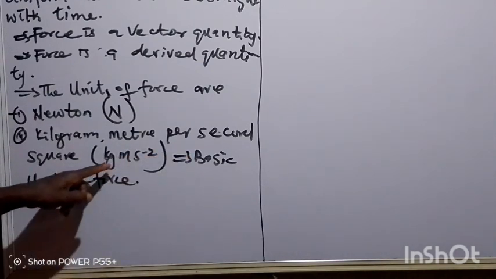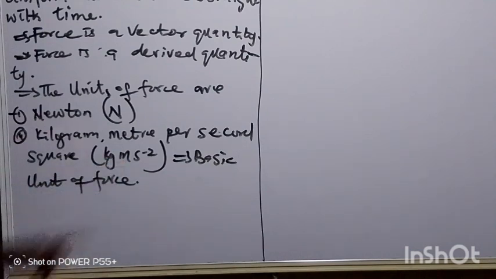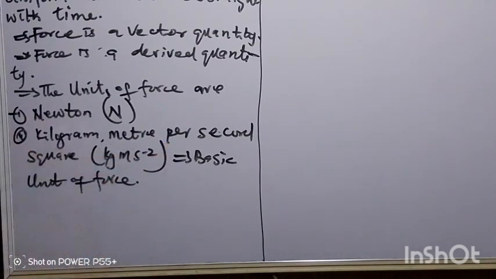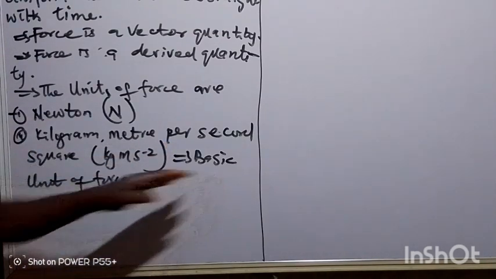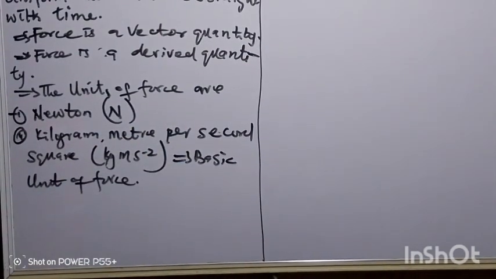Here, kilogram is the unit of mass, meter is the unit of length, and second is the unit of time. All those mentioned quantities are fundamental. That is why kg m/s² is the basic unit of force.